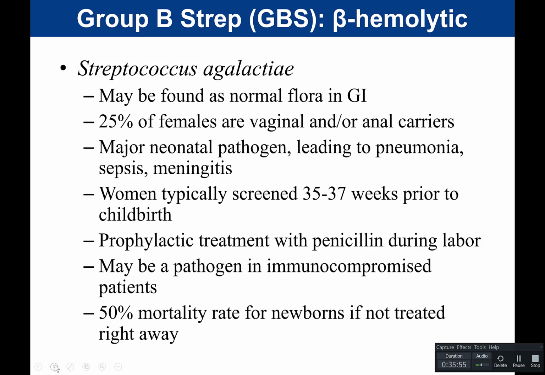And so again, knowing that the woman is a carrier, you can give a prophylactic antibiotic during labor to try and prevent transmission to the baby so that we don't get those complications in the neonate. And so this is the one that you would want to know if you are a carrier of Strep agalactiae.